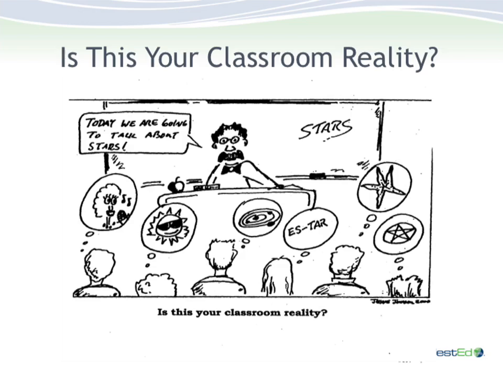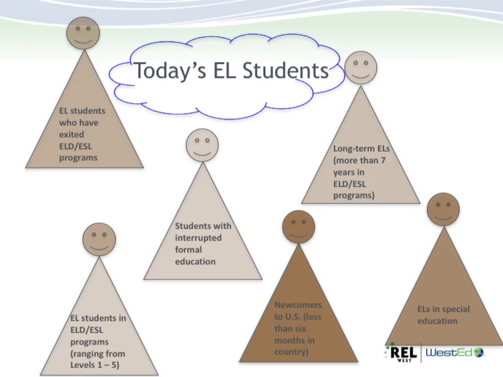We have assumptions about what the students understand that may or may not be correct anymore. We are a rapidly diversifying nation. So given that, how do we ensure that language is not the barrier for students to make progress?